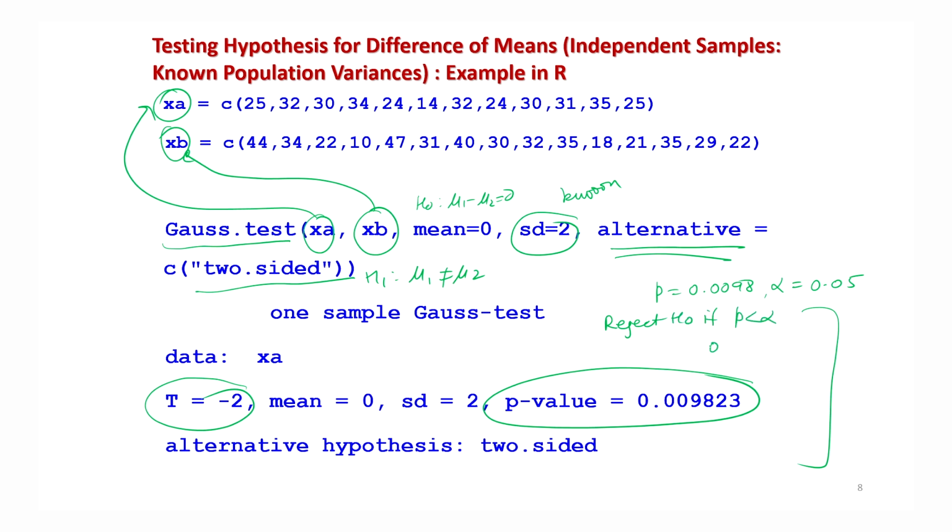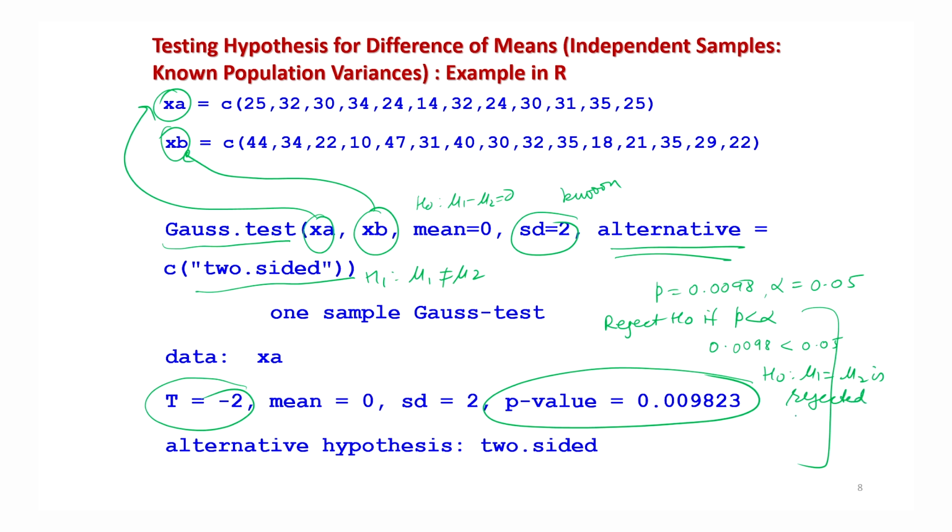So p here is 0.0098 and alpha is 0.05. So what do you think? This is correct. In this case, H naught: mu1 equal to mu2 is rejected.